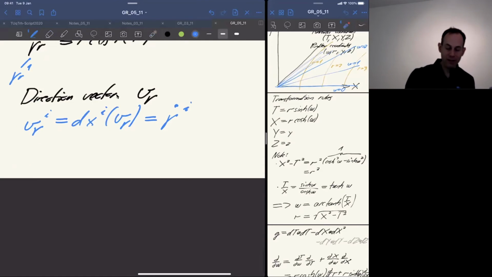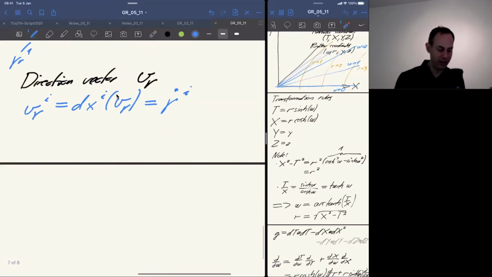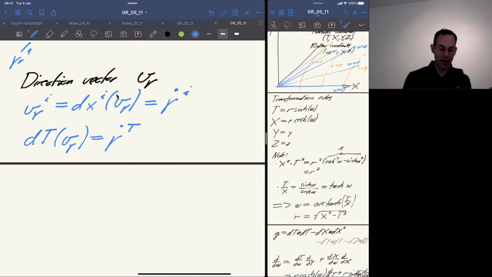Now we will adapt this notation a little bit, again in the spirit of before. Instead of writing the i, I will just write the name of the index. So if I'm interested in the t component, this is somehow this dt of this velocity vector, I will write this as this. So this is the same as just the one for i equals 0.